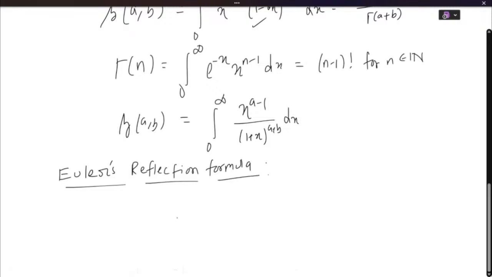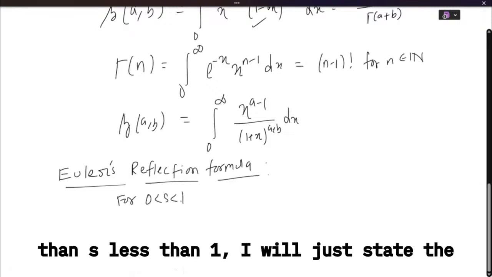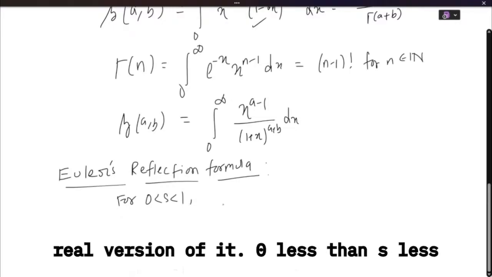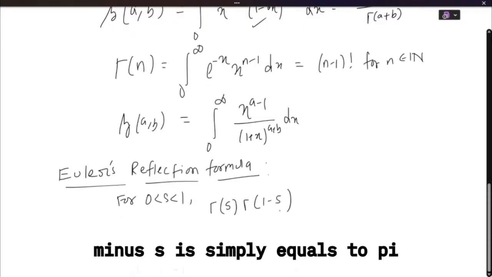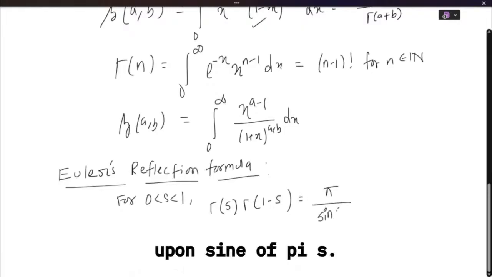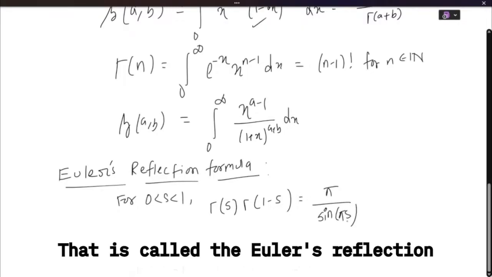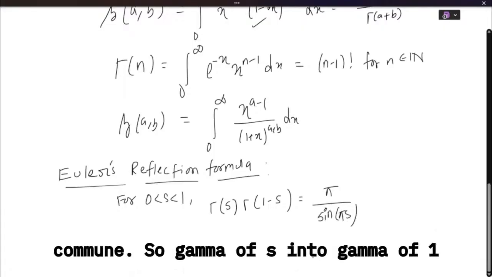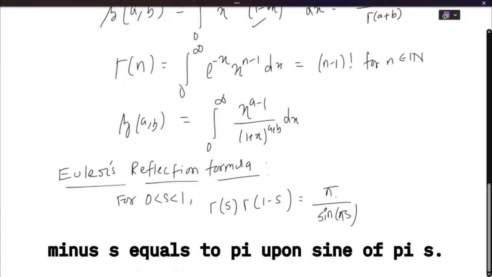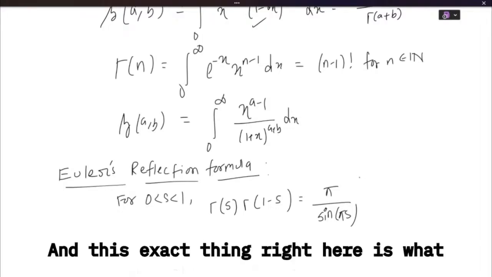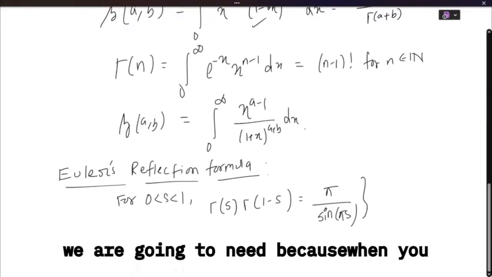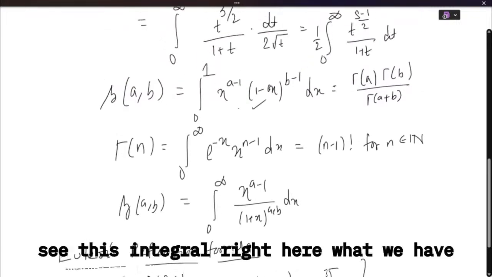This states that for 0 less than s less than 1, I'll just state the real version of it, gamma of s into gamma of 1 minus s simply equals pi upon sine of pi s. That is called Euler's reflection formula. So gamma of s into gamma of 1 minus s equals pi upon sine of pi s. And this exact thing is what we are going to need.